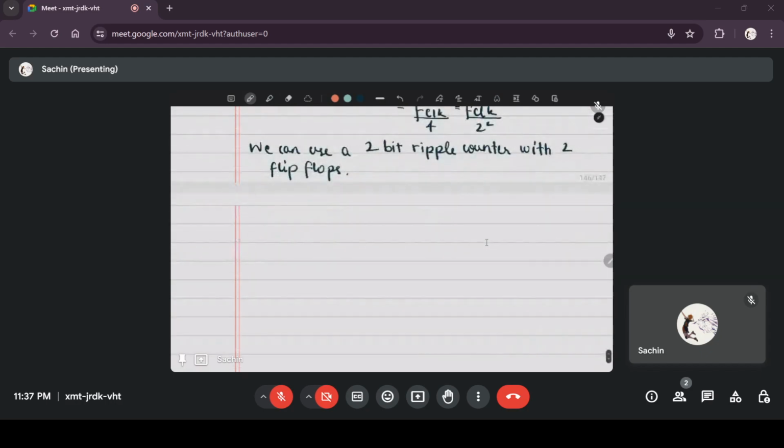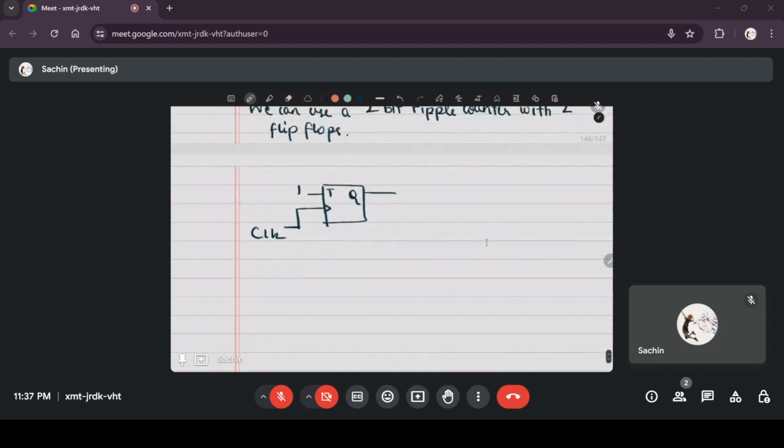For example, if you're using a toggle flip-flop and you give your clock here, and this is your output Q, let's call this Q1.